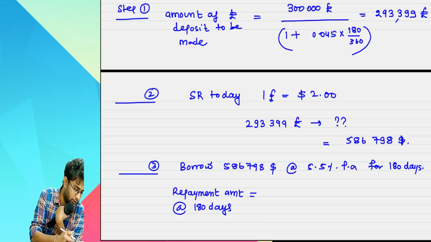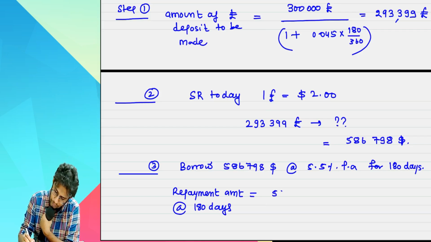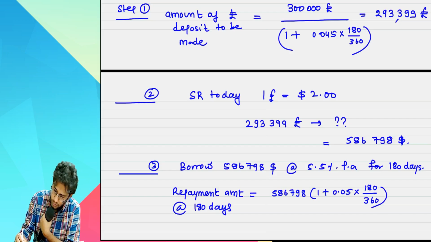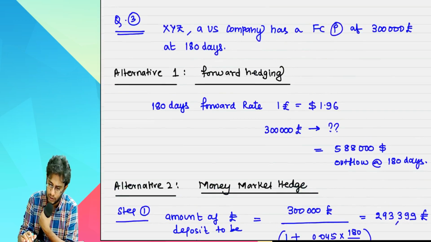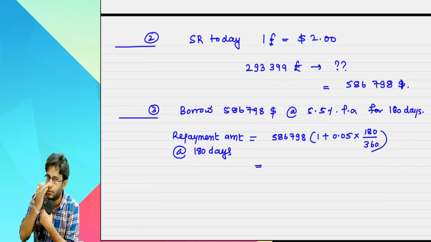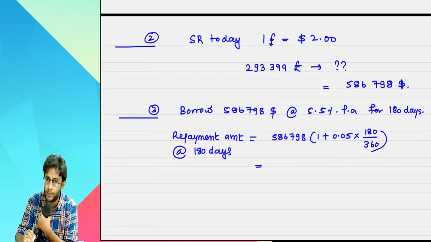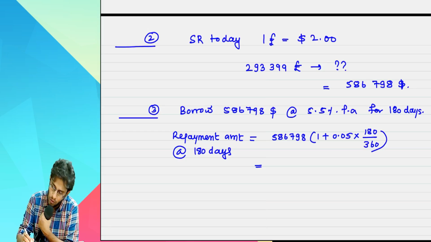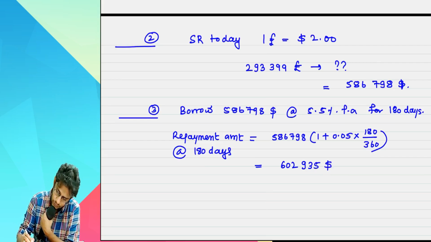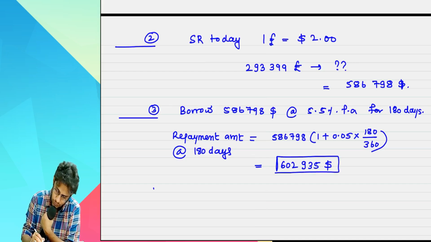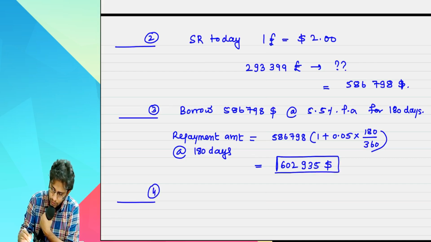Repayment amount at 180 days should be equal to, this will be your ultimate answer, $602 dollars. So this will be your outflow ultimately at 180 days.